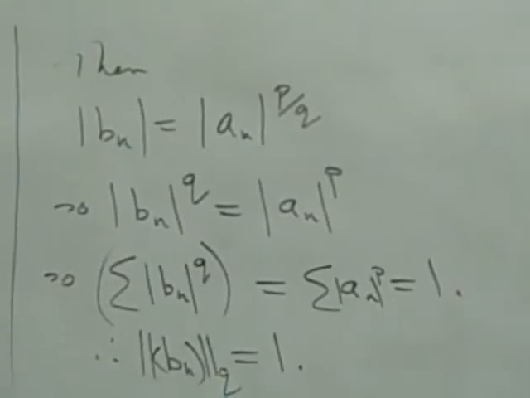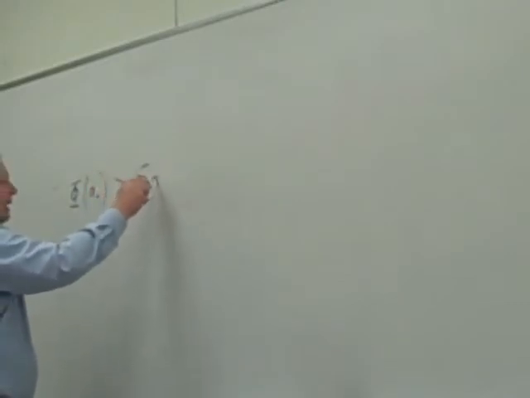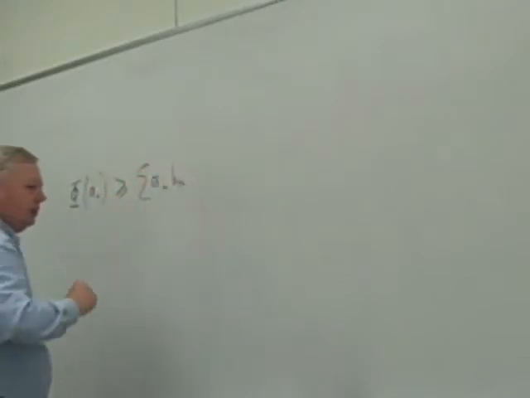Okay, so that is a viable choice for the sequence that appears in the supremum. So phi of a_n is at least what you get when you plug in any term, so the sum of a_n b_n.